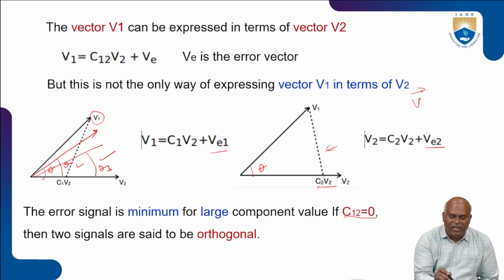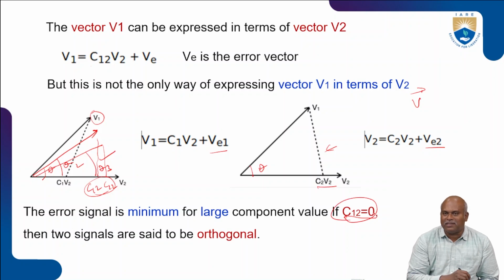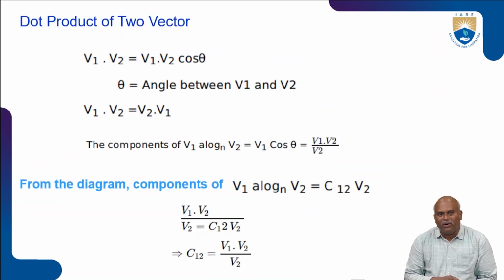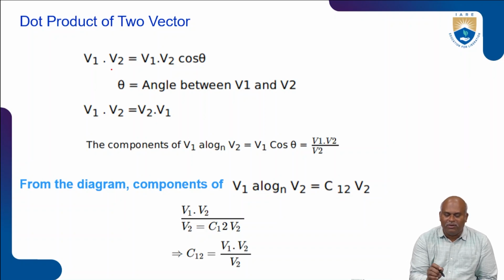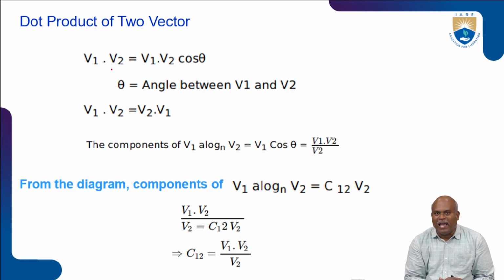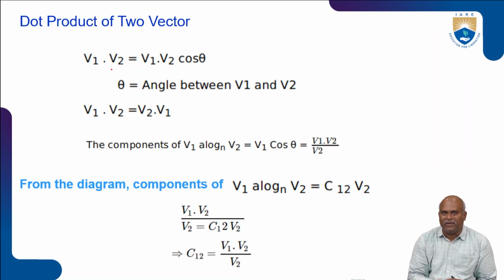But in all the cases we take the magnitude, and C12 is not equal. That's why we take the orthogonality function of C12 equal to 0. So we may go for the dot product of two vectors. V1 dot V2 is equal to V1 V2 cos theta, where theta is the angle between V1 and V2.